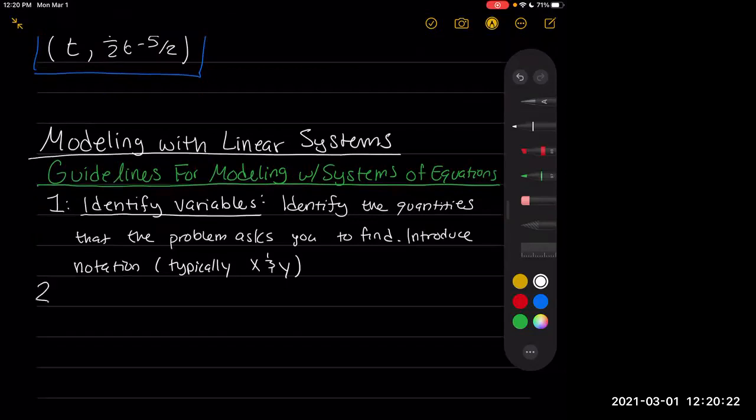Our second step is going to be to express all unknowns in terms of our variables.